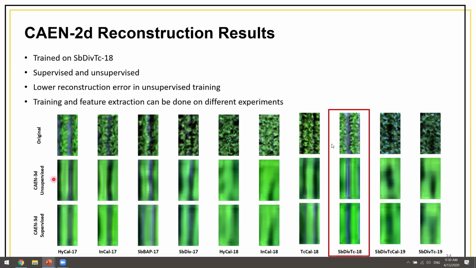And then if we compare row 2 and 3, row 2 is the result of reconstruction in unsupervised mode, and row 3 is reconstruction in supervised mode. We can see that unsupervised slightly provided better results in terms of reconstruction because the reconstructed image is more similar to the original image.